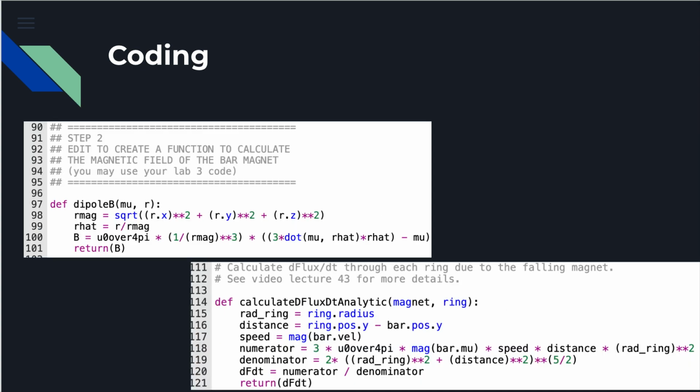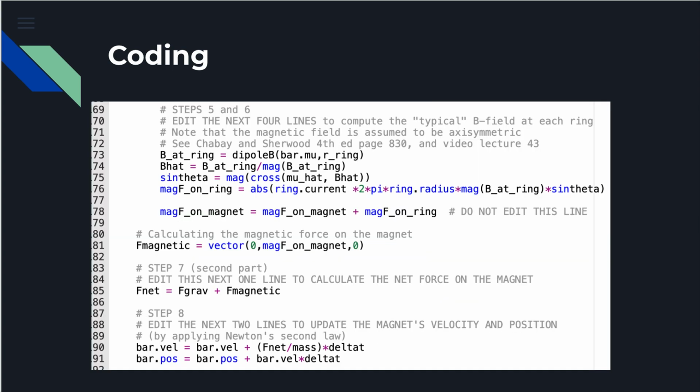We also had to input the equations for, first of all, the magnitude of R, and then the R hat equations, and that would give us B. Then we also had to set up the equations using, again, the physics ideas, the Biot-Savart law and Faraday's law, which is also included here, for the magnitude of force on ring, magnitude of force on magnet, and our B hat.